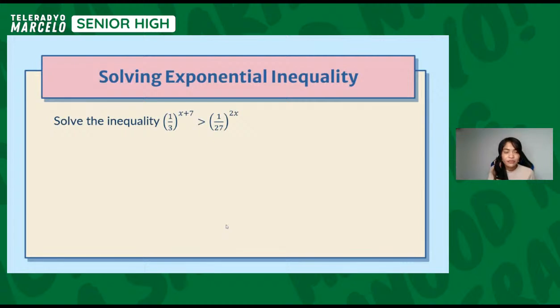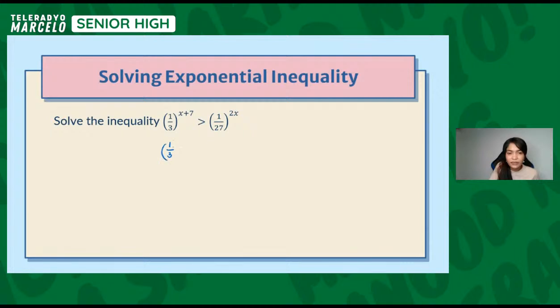So we are going to solve the inequality 1/3 raised to x plus 7 is greater than 1 over 27 raised to 2x. So same procedures, we are going to rewrite the bases into similar ones. So we can rewrite 1 over 27 as 1/3 raised to 3. Tama ba? That is also equal to 1/3 raised to 3.